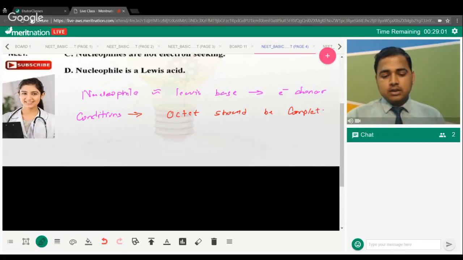Their octet is completed, but there should be free electrons. If all the electrons are busy in bonding, then definitely it is not going to distort its own structure and donate electrons to some other species.